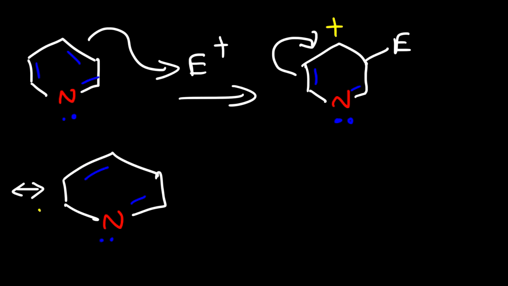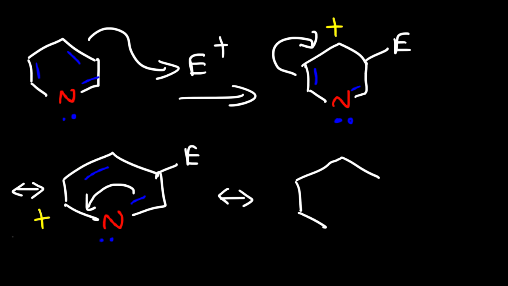And so now the positive charge is here. Now what do you think we need to do next in order to draw another resonance structure? The best thing to do is to take the double bond and move it here. And so if we do that, notice that we can avoid putting a positive charge on the nitrogen atom.